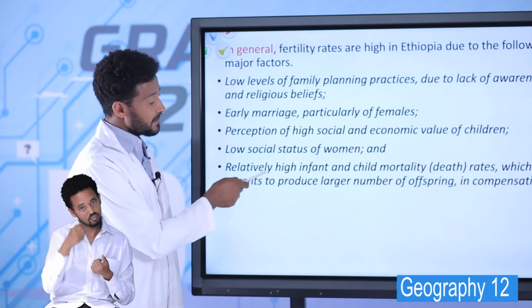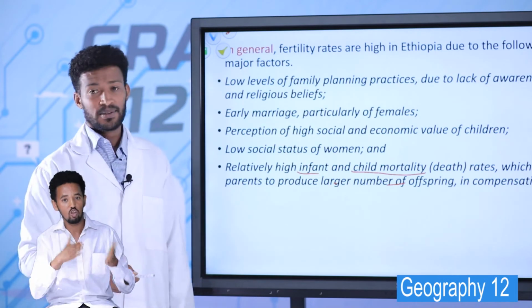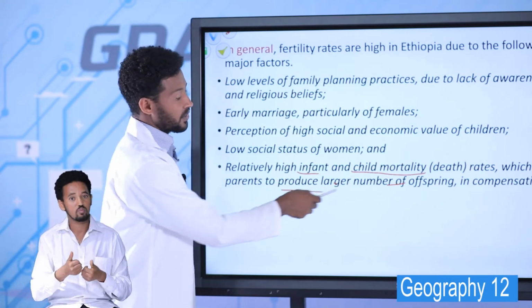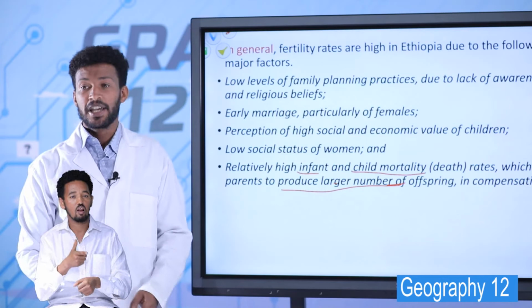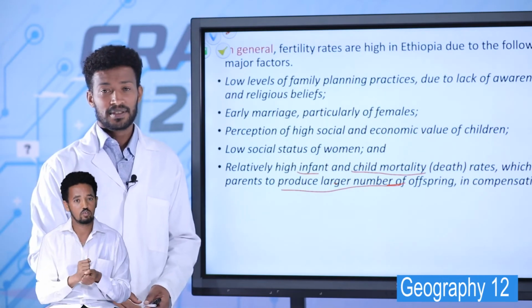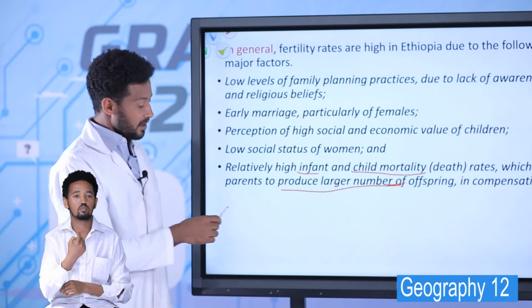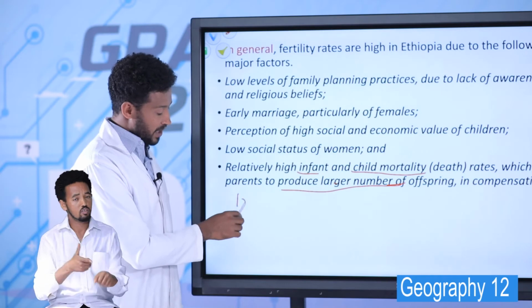Another reason is relatively high infant and child mortality rate, which leads parents to produce a larger number of offspring in compensation. What is the implication of this? This implies there is a large number of deaths in Ethiopia.